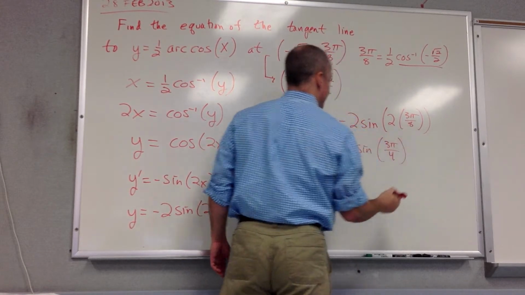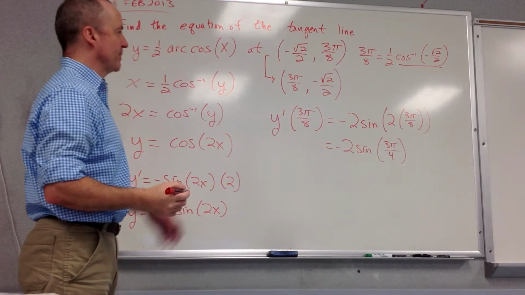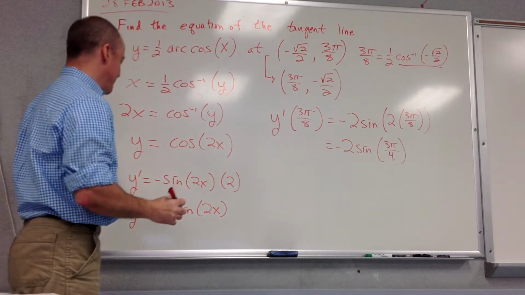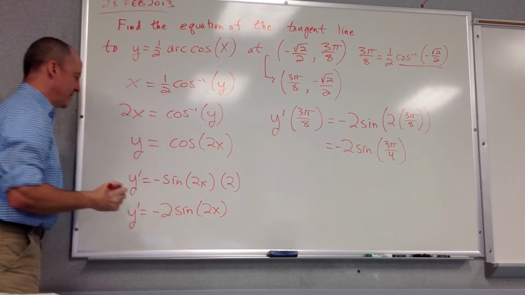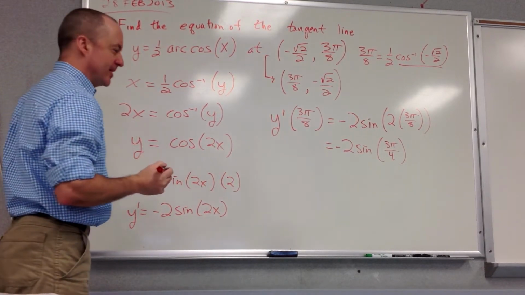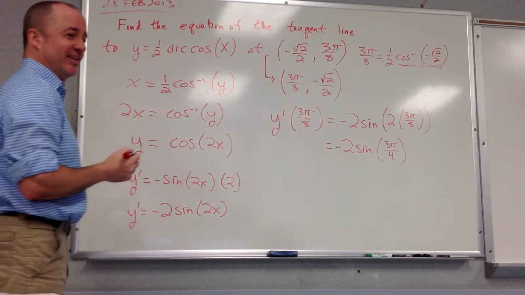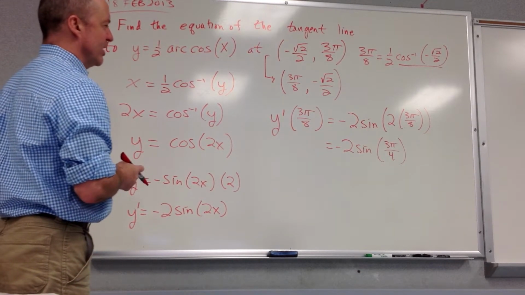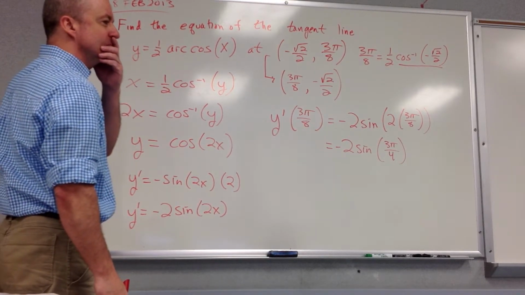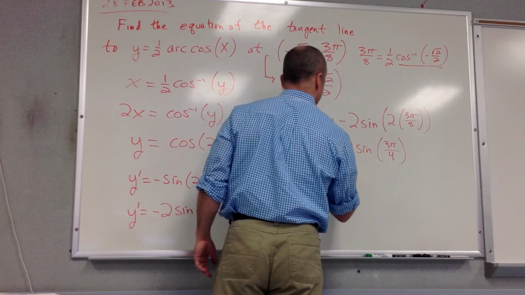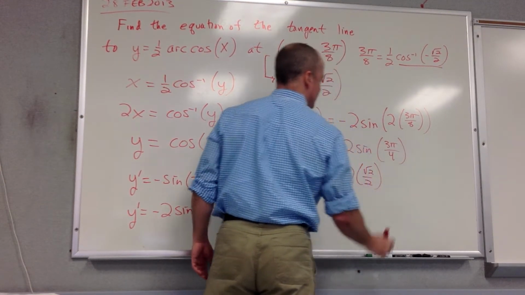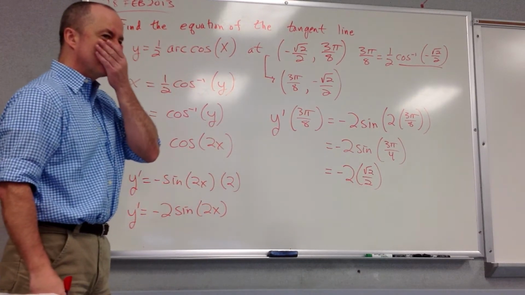Wait, is this y prime or y? y prime, I messed up. Okay, what is sine of 3 pi over 4? Root 2 over 2. What happens when I multiply root 2 over 2 by negative 2? It becomes negative root 2.